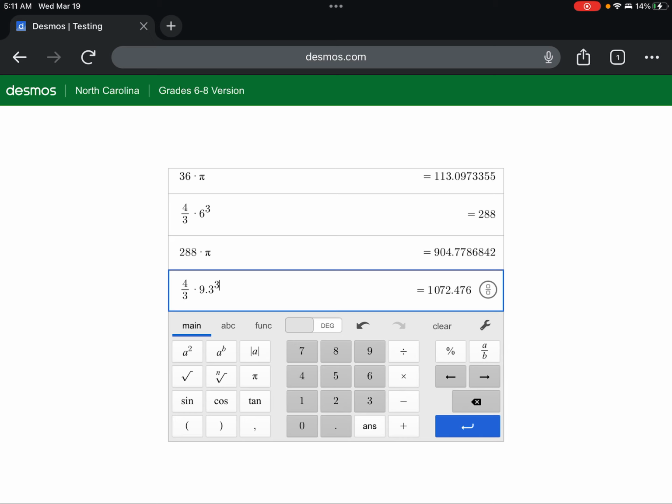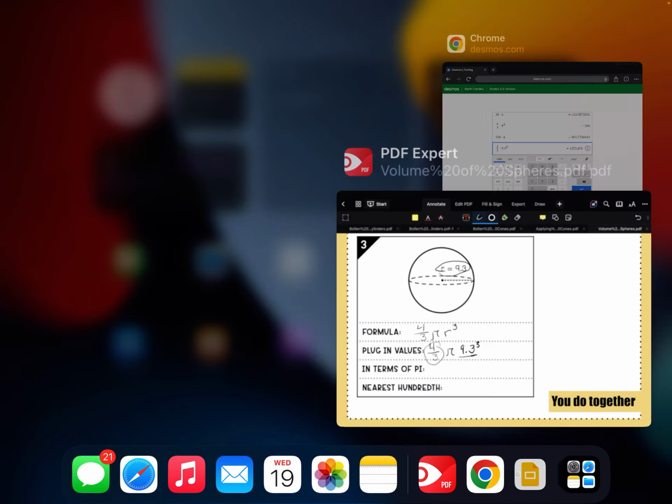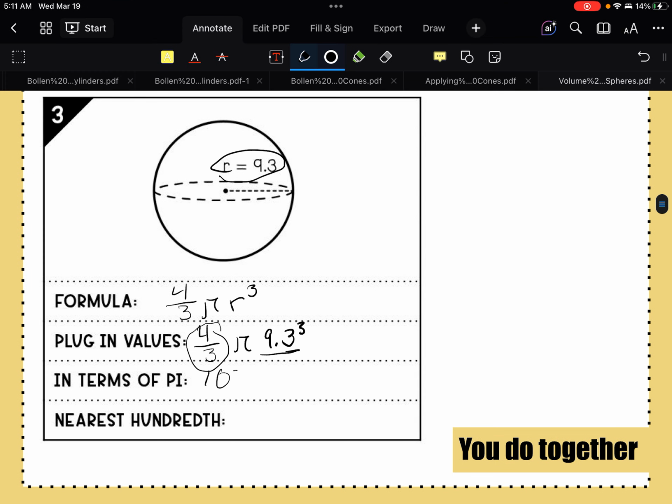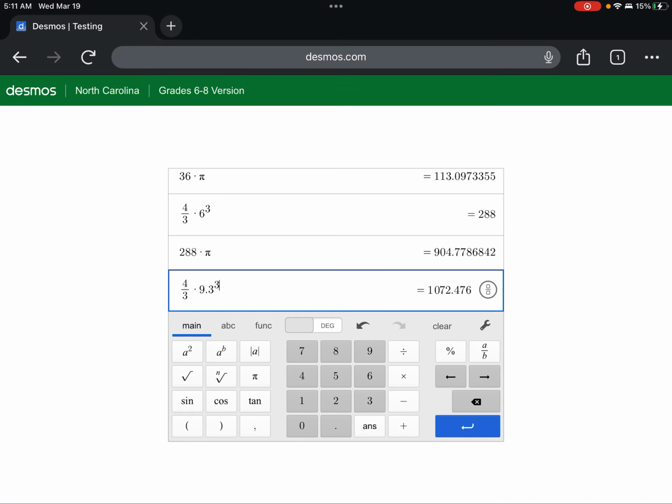That gives 1072.476. So you're going to write 1072.476 pi, and then you just multiply that.